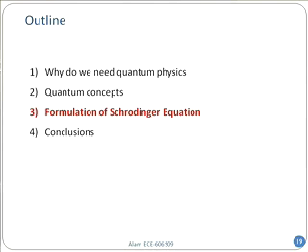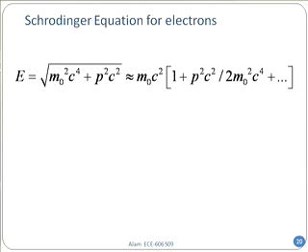So let's try to derive, quote unquote, derive the Schrodinger equation. This is how it works. Remember that original relationship, E equals mc squared, written in this strange form. Now we are not talking about photons. 2 slides ago, we had been talking about photons. Now we are talking about electrons. Now for electrons, the momentum is very small.